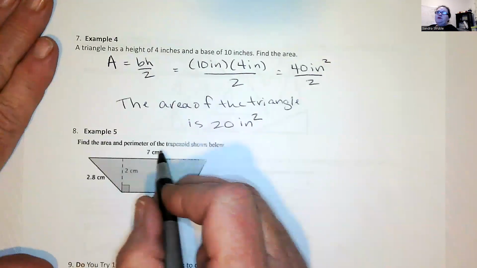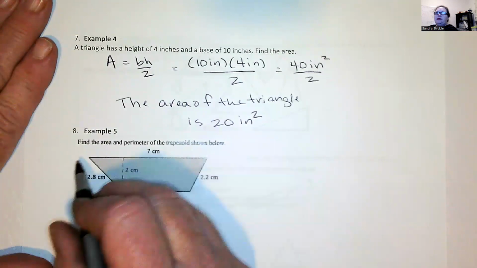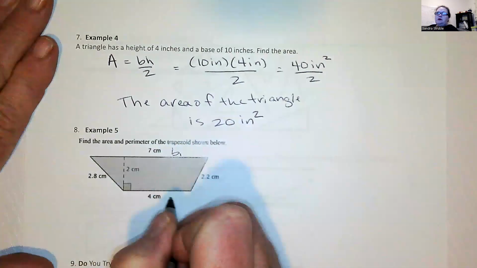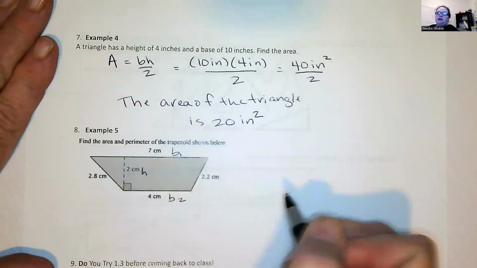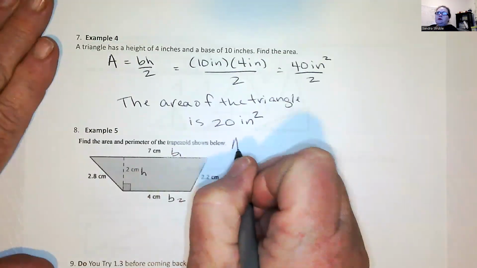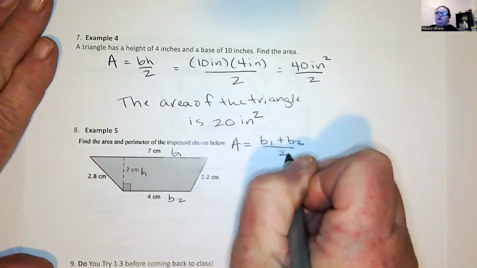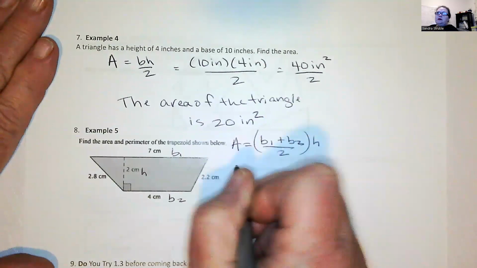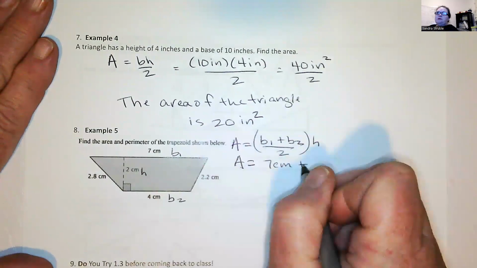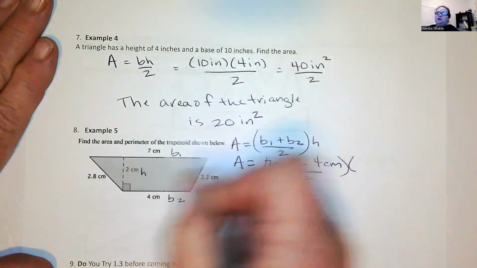Example 5, the area and perimeter of the trapezoid. Find the area and perimeter of the trapezoid shown below. All right. So we've got base 1, base 2, and we've got the height right here. It's the dotted line. So for the area of a trapezoid, it's base 1 plus base 2 divided by 2, all of that times the height. So the area: base 1 is 7 centimeters, base 2 is 4 centimeters, divided by 2 times the height, which is 2 centimeters.